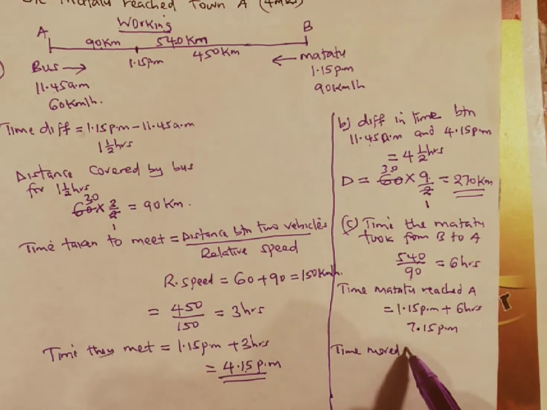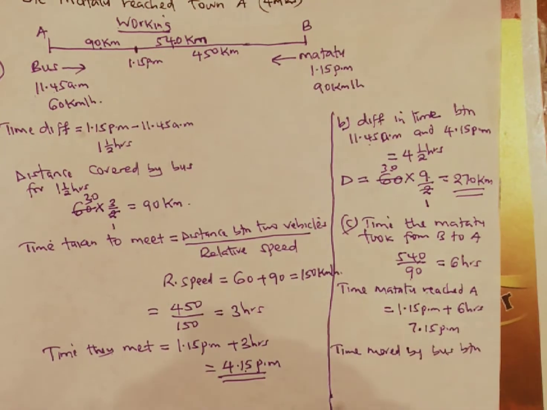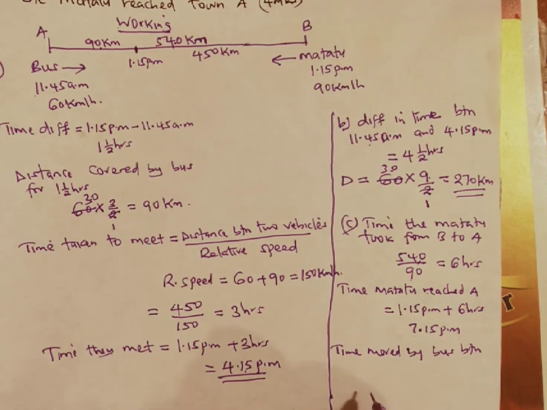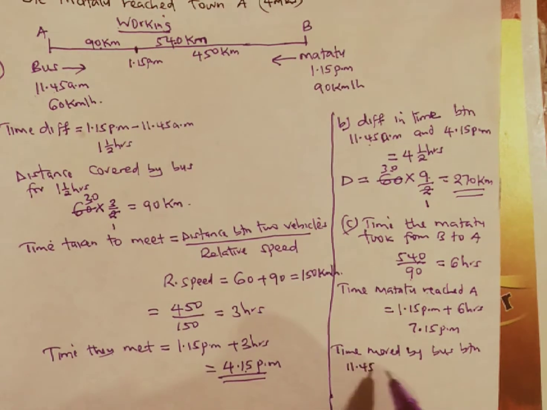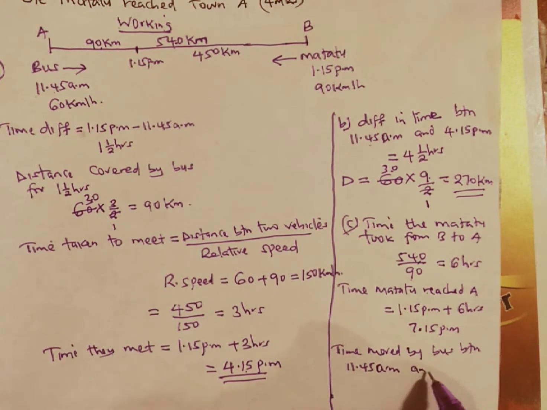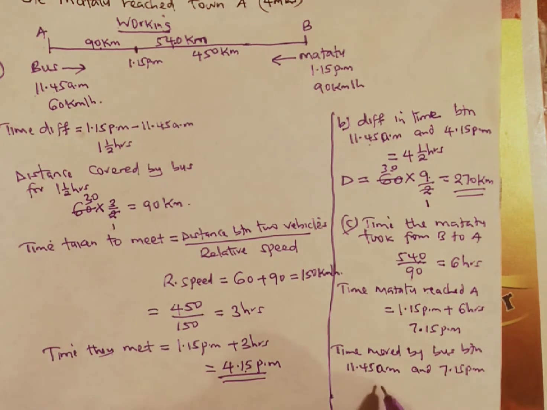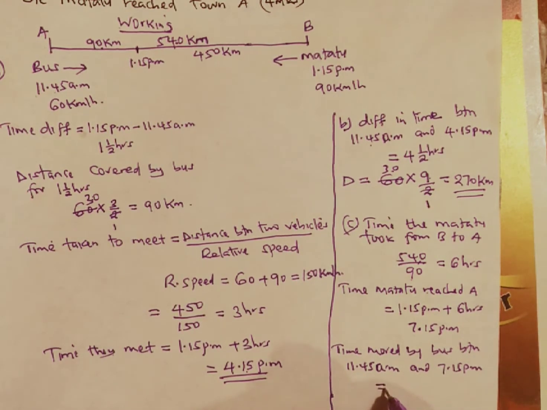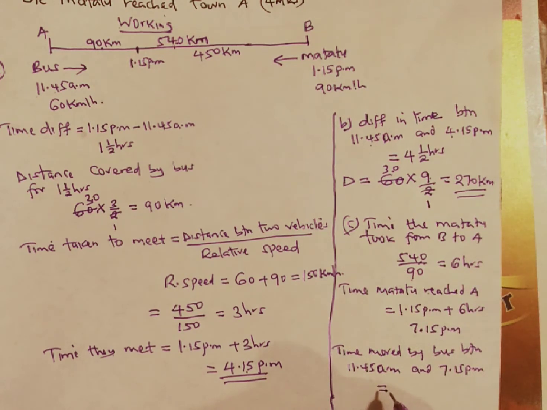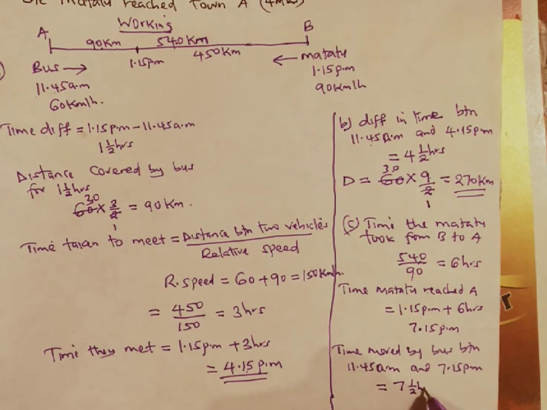The time moved by the bus is between 11:45 a.m. and 7:15 p.m. Because all this time the bus was traveling, how many hours did it travel? If you take 7:15 minus 11:45, this gives us 7.5 hours.